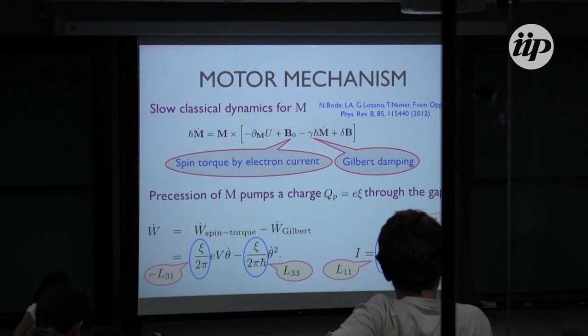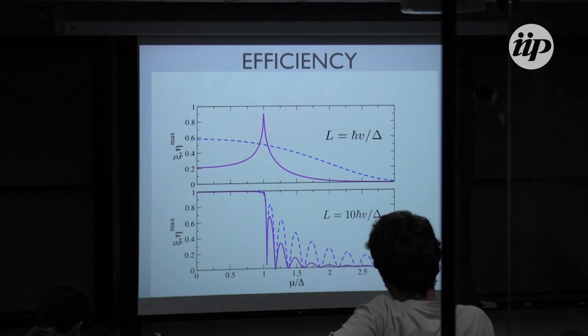What we get is that, depending on the length of the magnetic island, for islands which are sufficiently large, we can achieve, for some values of the chemical potential, precisely the values lying within the gap of the spectrum, an efficiency for the motor equal to 1.